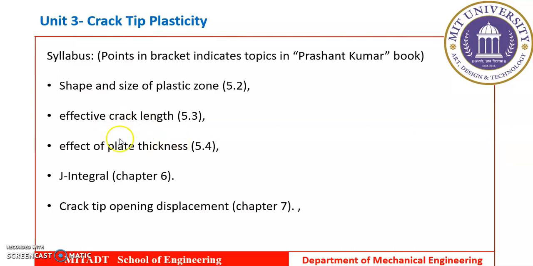Now the plate thickness also affects the plastic zone. We will see the plane stress and plane strain condition, that is the thick and thin plate. We'll see the J integral and crack tip opening displacement concept. This is CTOD, crack tip opening displacement.